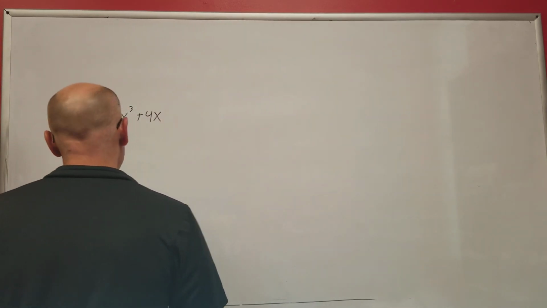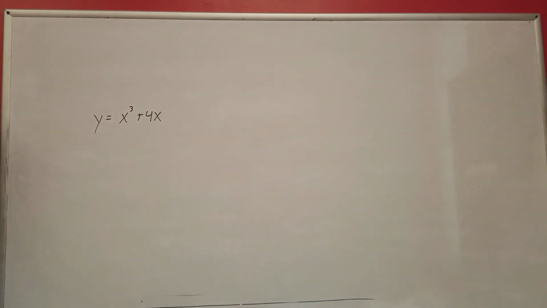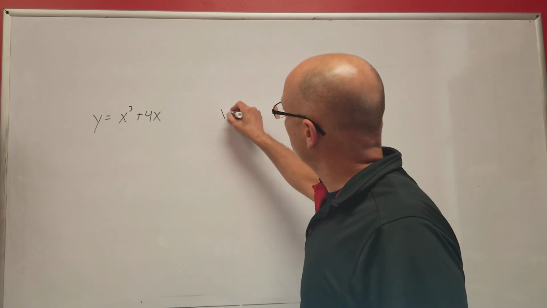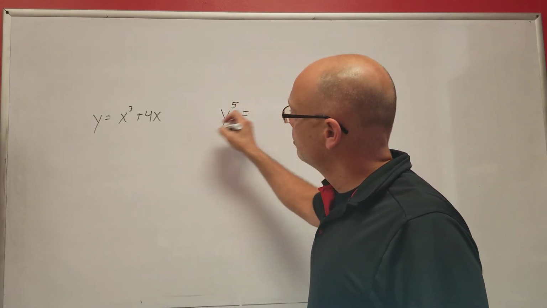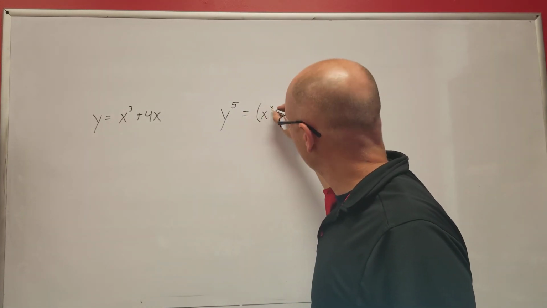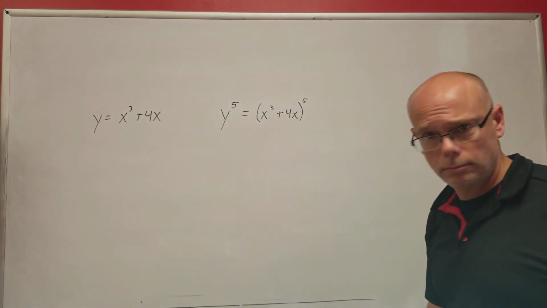Let's look at this equation. y is equal to x cubed plus 4x. What if I were to ask you, what is y to the fifth? Wouldn't that be like raising both sides of this to the fifth? So that'd be x cubed plus 4x, to the fifth.